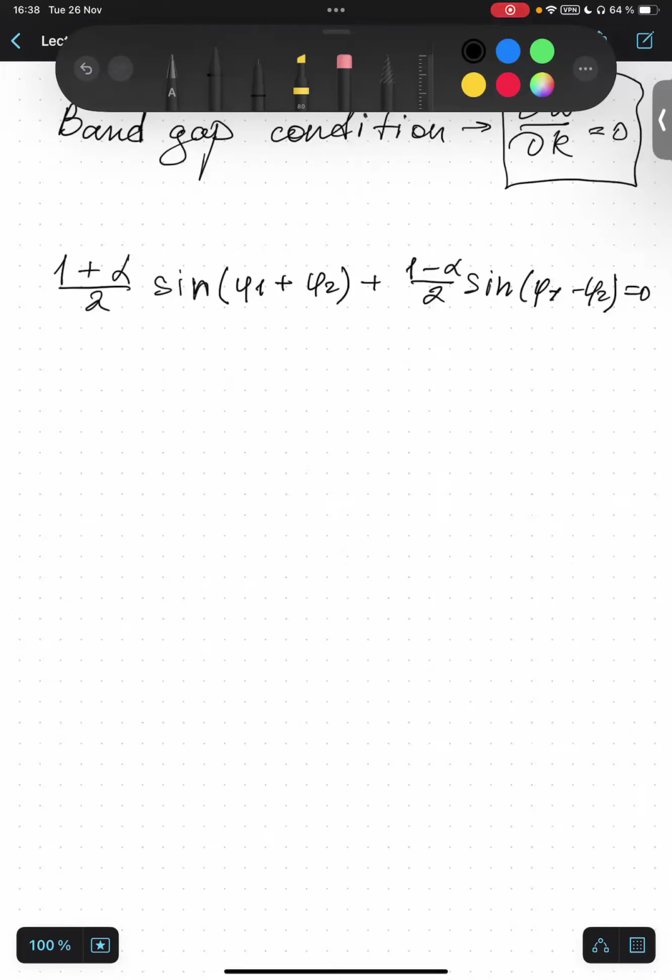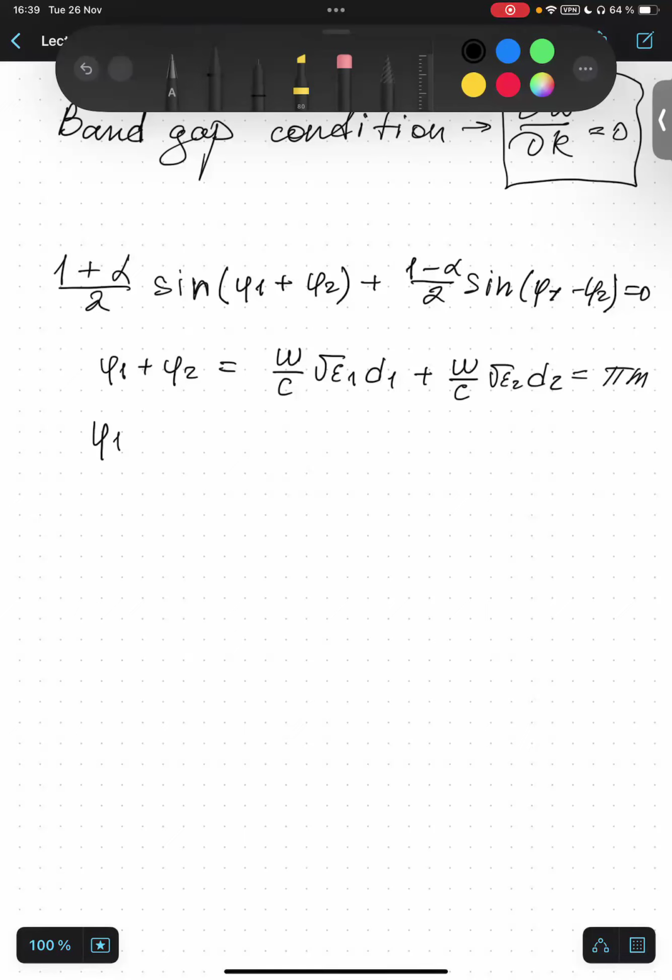First of all, let's say that phi1 plus phi2 is, we know that it is omega over c square root of epsilon 1 d1 plus omega over c square root of epsilon 2 d2. And also we can say that it is equal to pi m, where m is an integer number, not even, just integer number.